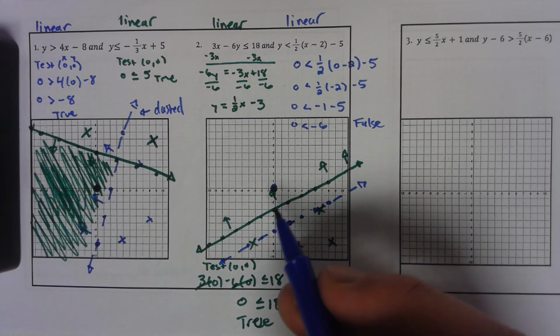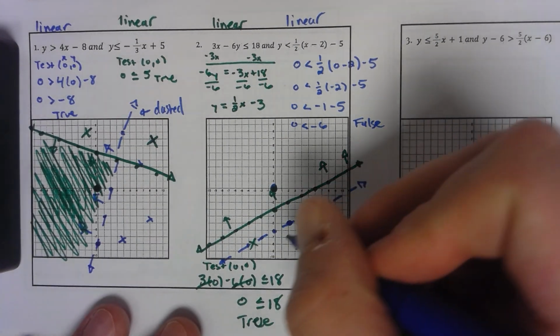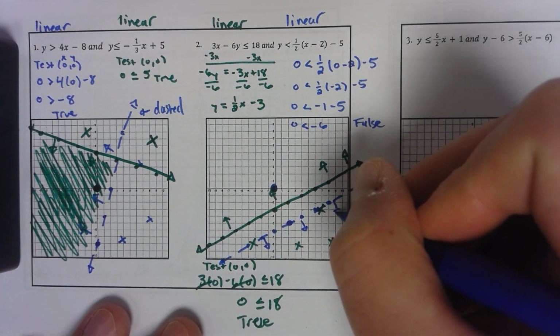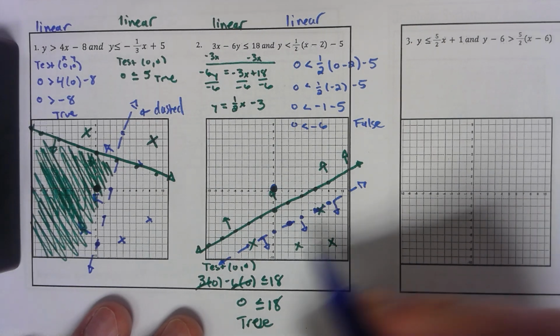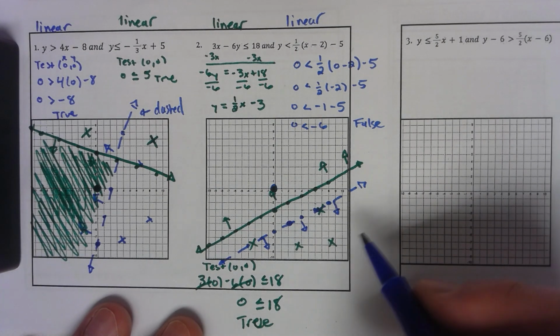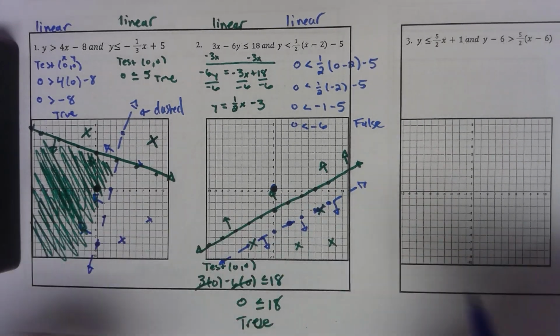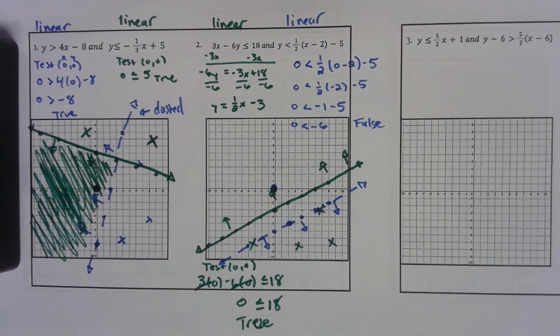And so what that's telling me for the blue line is I should be shading the part of it that does not include 0, 0, which is below it. Well, we already identified that we do not want to shade that part in respect to the green line. So what I'm looking at here is there's no arrows pointing in the same direction. They're all pointing in opposite ways. There's no overlap here.